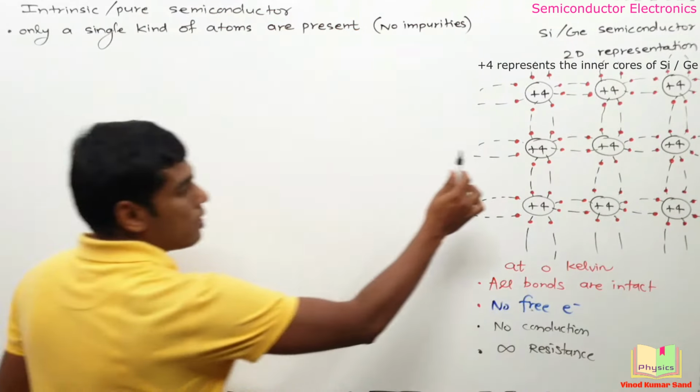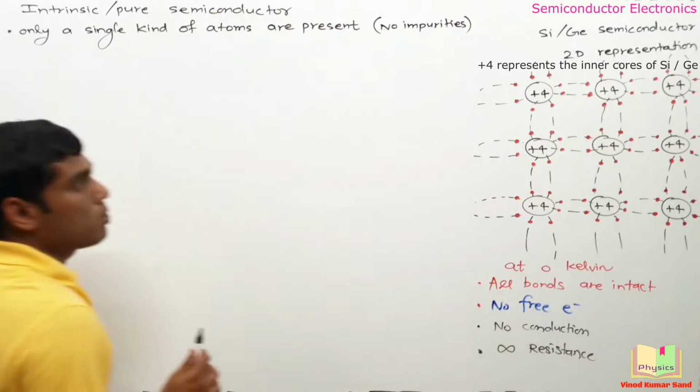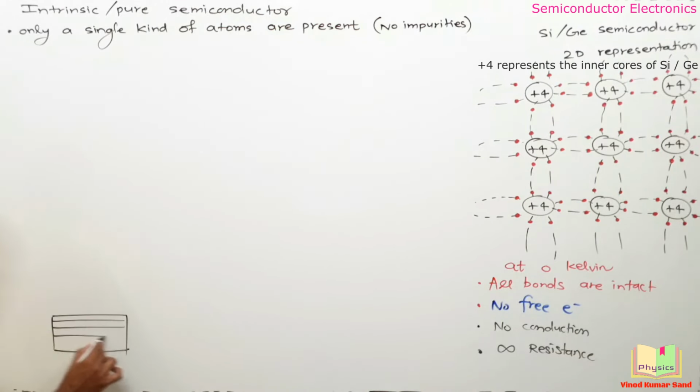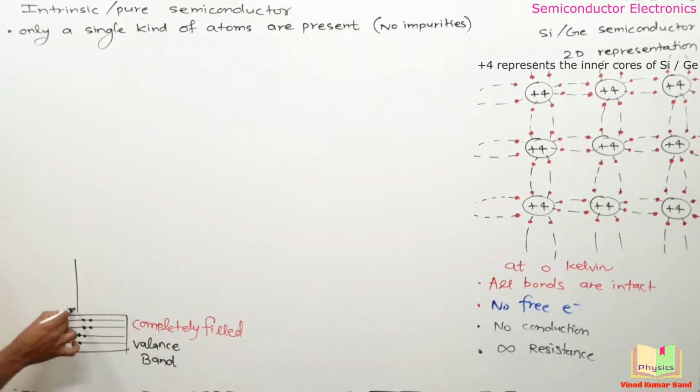Let's draw the energy band diagram of the pure silicon at 0 Kelvin. Here is the valence band, and we know that at 0 Kelvin all the electrons are bonded. So the valence band will be completely filled. Above the valence band, there is some energy gap.